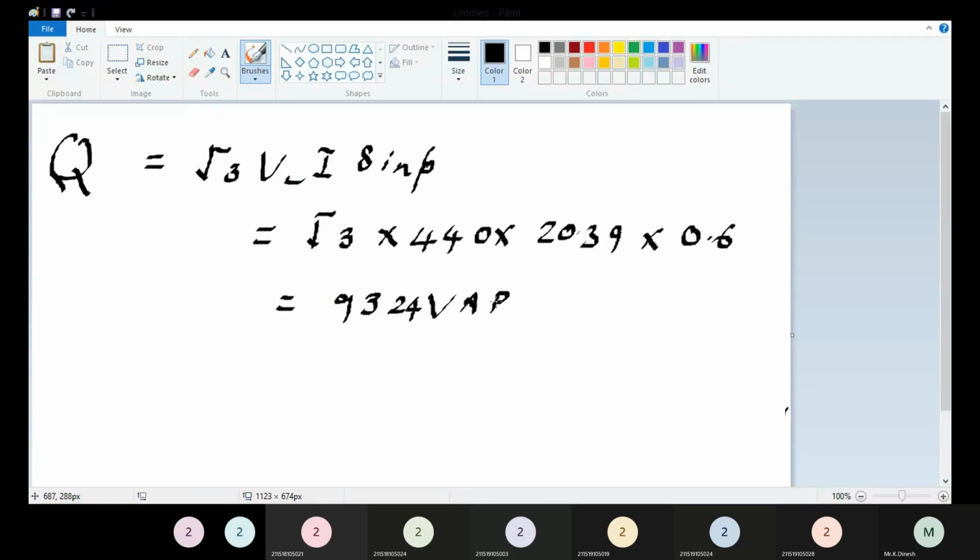The unit for reactive power is volt ampere reactive. In terms of kVAR, it is 9.324 kilovolt ampere reactive. In this manner, we have to find our real power as well as reactive power. So simple one.